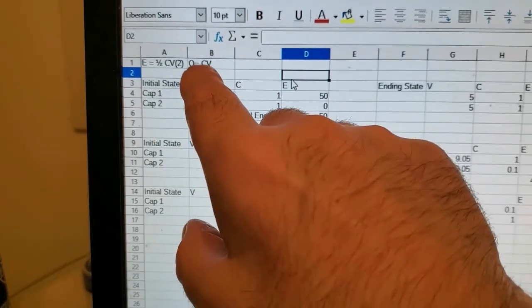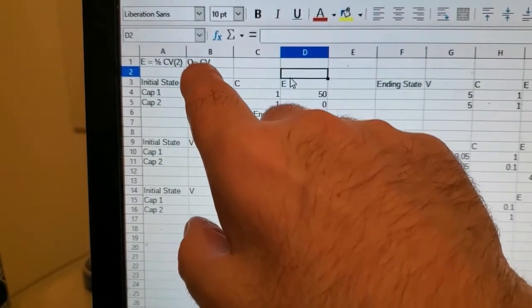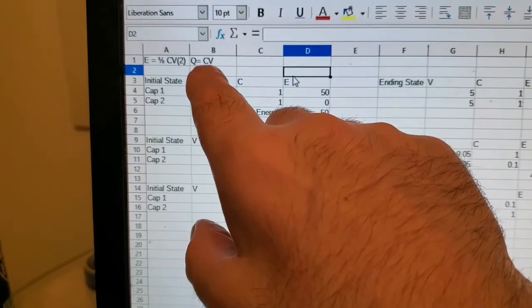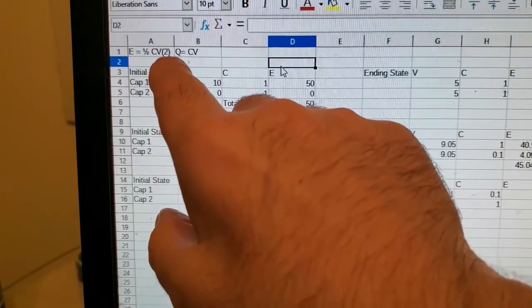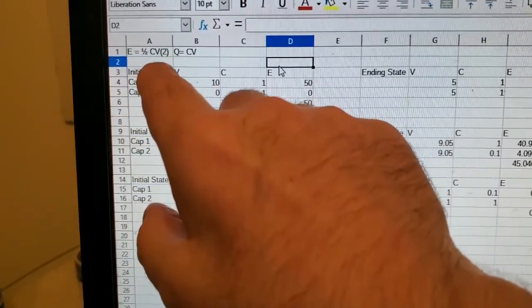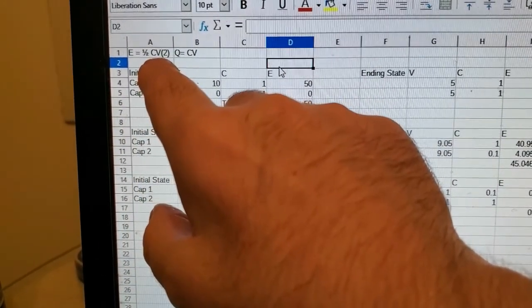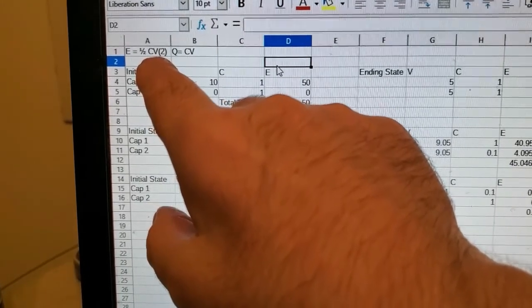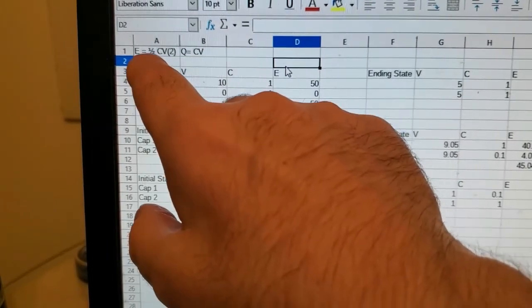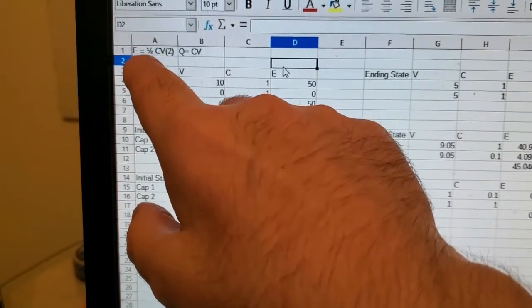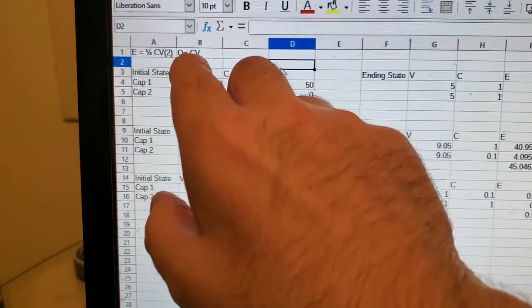There is an immutable law that charge can neither be created nor destroyed. Do you start to get it? So Q equals CV, E equals 1/2 CV squared. They both can't hold true. When you alter the voltage, either this one has to be conserved or this one has to be conserved.